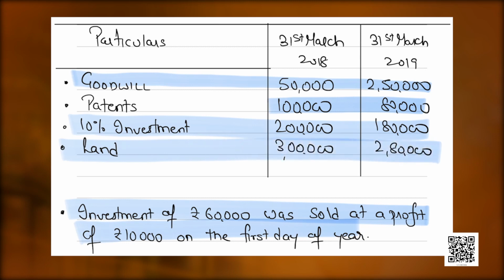And then after, we have land, 3 lakh to 280,000. Land has reduced and there is no adjustment on that. That means land is sold. And the thing which is clicking your mind, that depreciation has been charged, that doesn't happen. Land does not attract depreciation. So let's deal with all this stuff one by one.